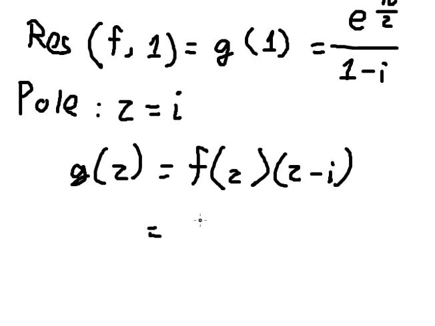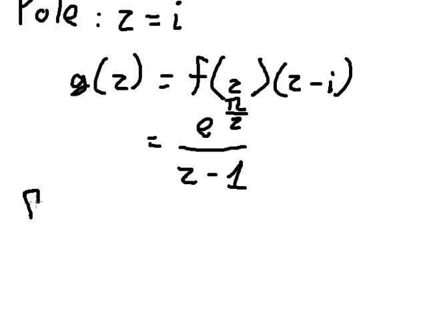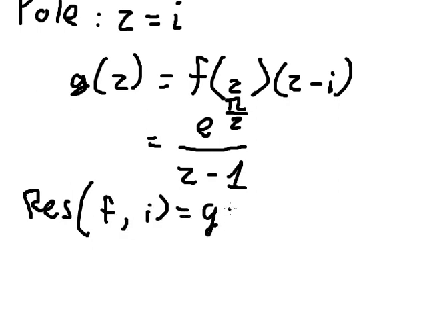If we simplify, we have e to the power of b over 2, and we have z minus 1. And now we can find the residue of f at i, or g of i, and we have it like this.